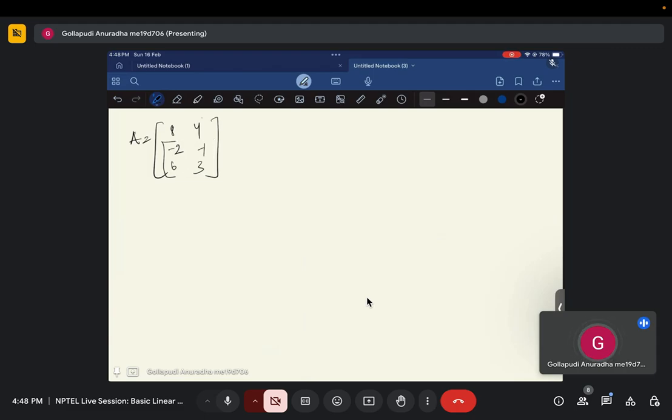Even if you take this pair, these two rows are linear combinations, right? So you cannot get even a 2 by 2 matrix of full rank.